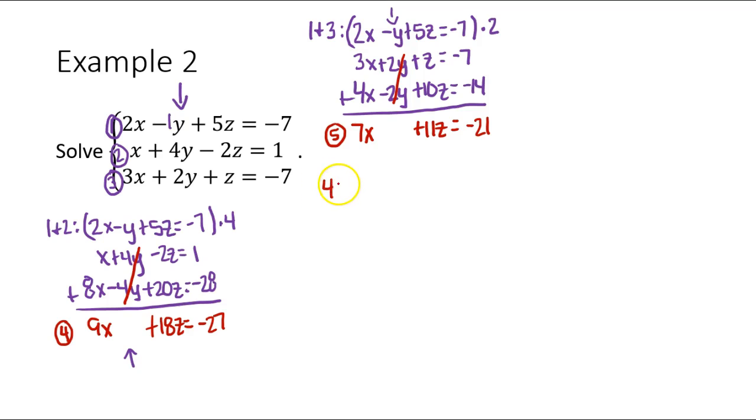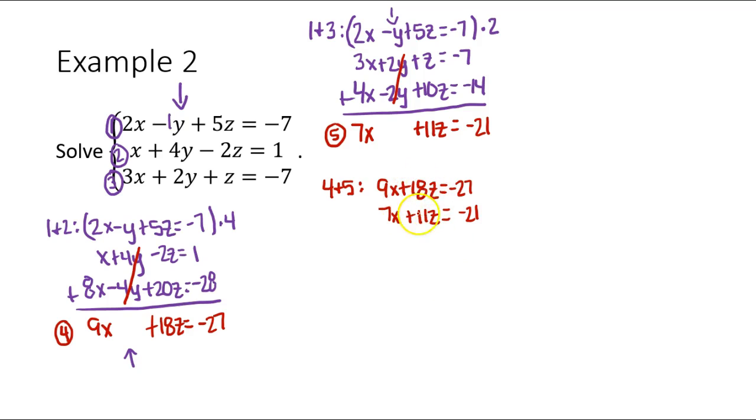Now I'm going to look at equations 4 and 5, where we have 9x plus 18z equal to negative 27, and 7x plus 11z equal to negative 21. And I would like to eliminate either the x's or the z's.